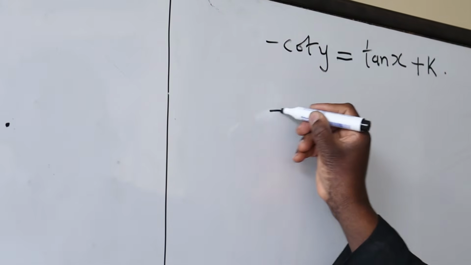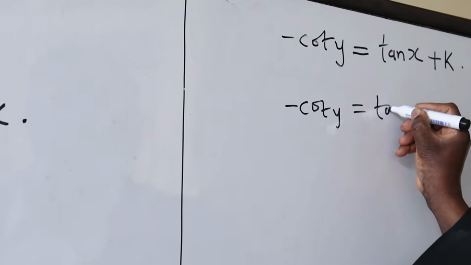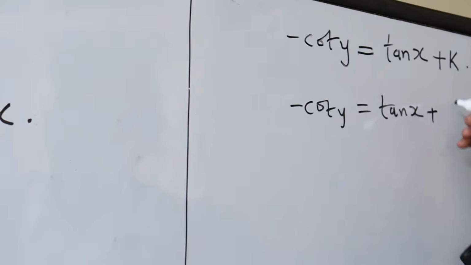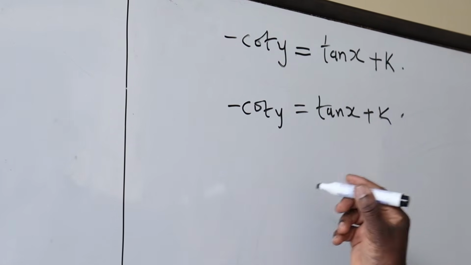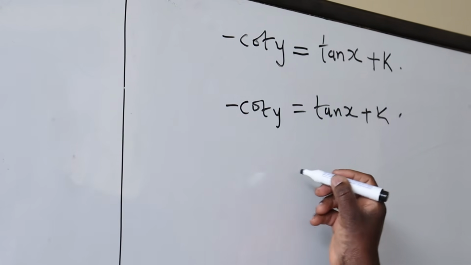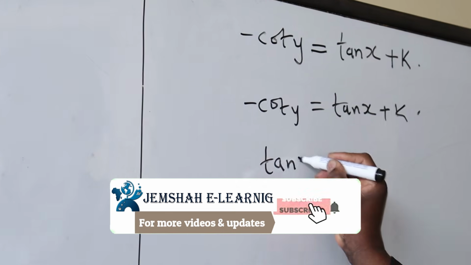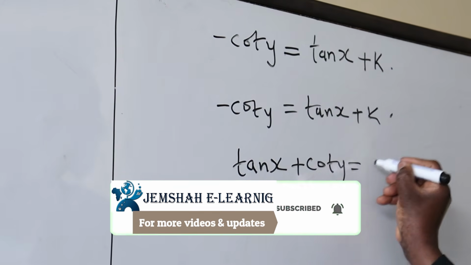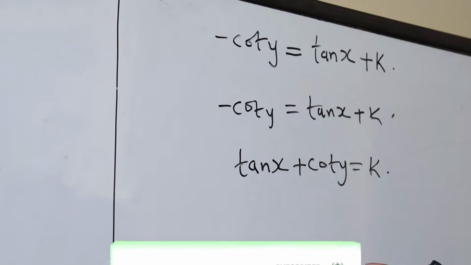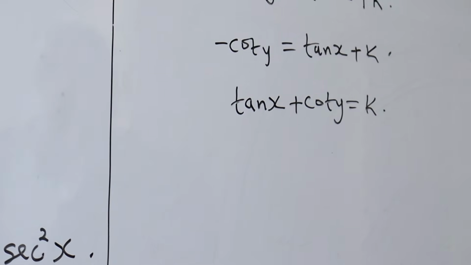So minus cot y is equal to tan x plus k, which can also be written as tan x plus cot y is equal to a constant k. And that is the solution to that differential equation.